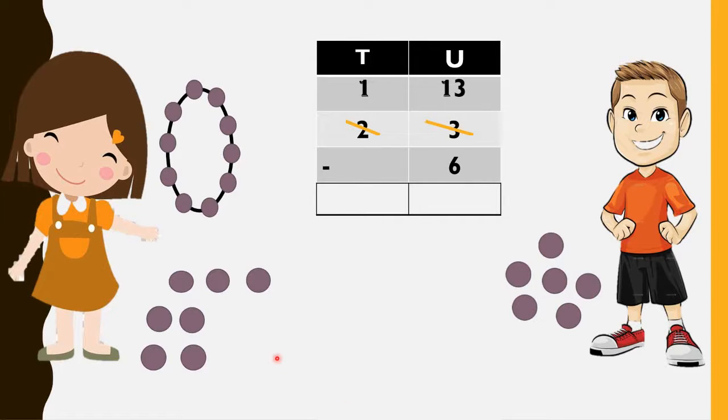So how many beads are remaining with Preeti? Let's count. 1, 2, 3, 4, 5, 6 and 7. So Preeti is left with 7 single beads and one string of 10.